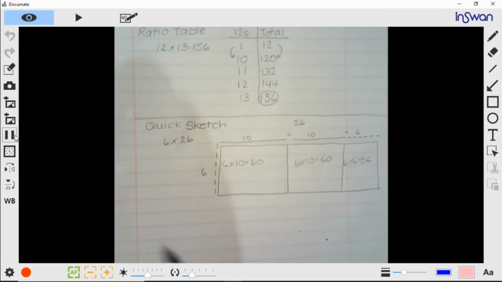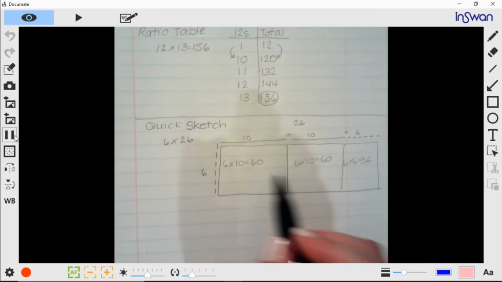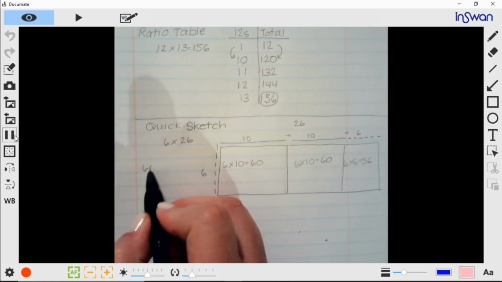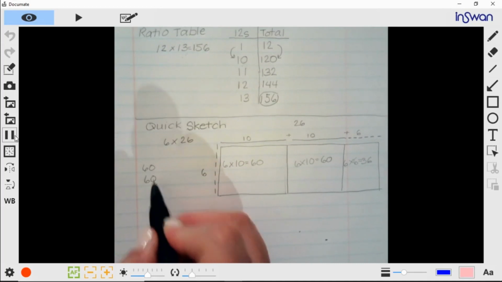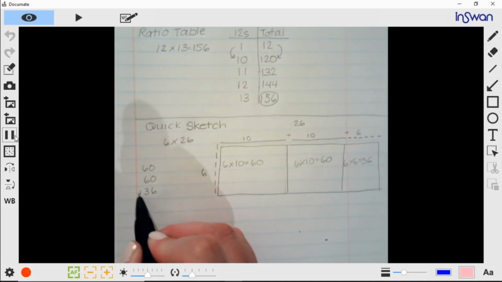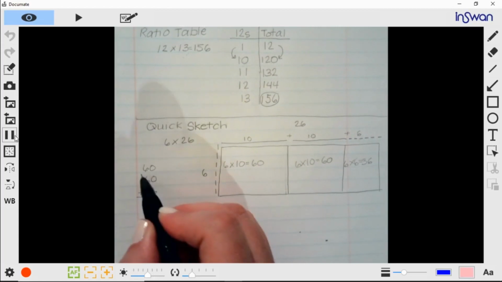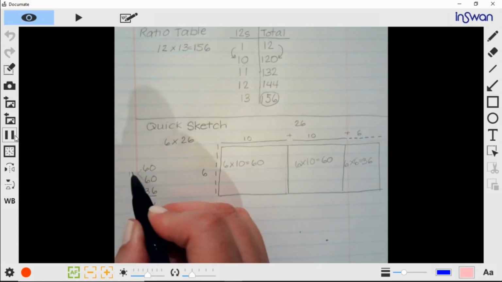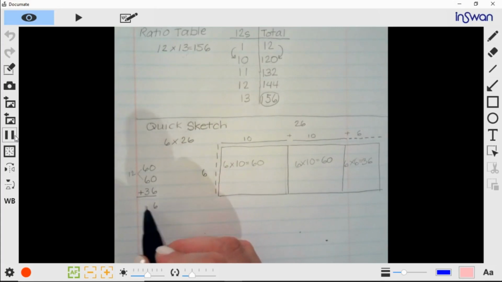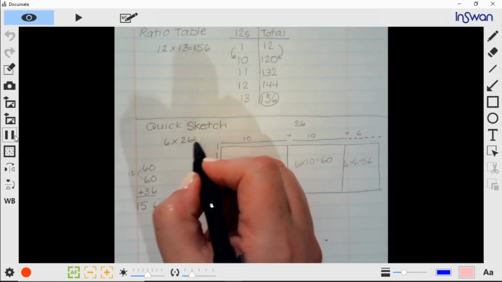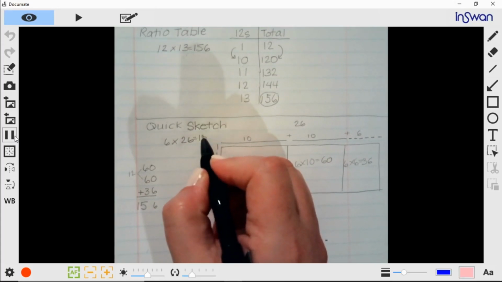36. So then we want to take our partial products and add them up. So over here we've got 60, 60, and 36. Add those together. Got it? So 6 times 26 is 156.